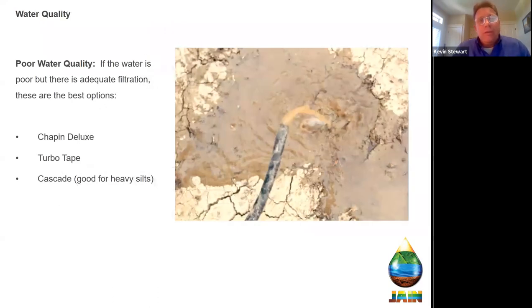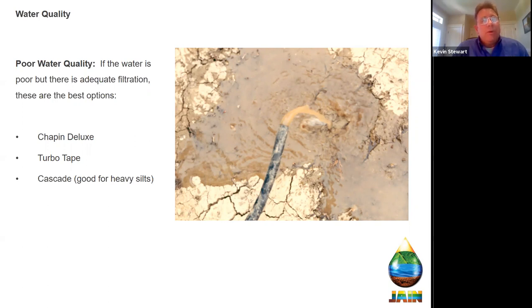Water quality, and this picture I'm showing here is really nothing. This isn't an ultra dirty example. This is just flushing a drip line. I think most people have seen something like this. If you've got adequate filtration, we have products that can handle this just fine.